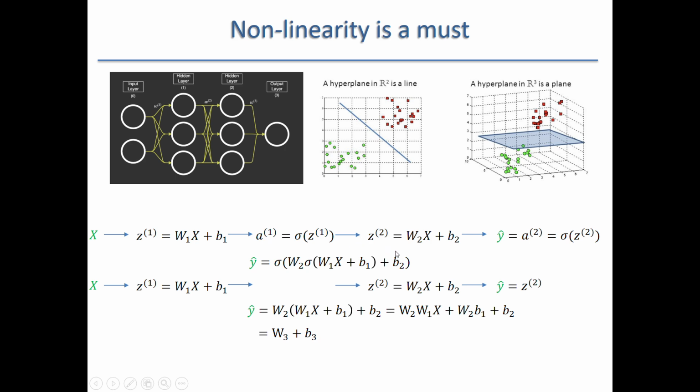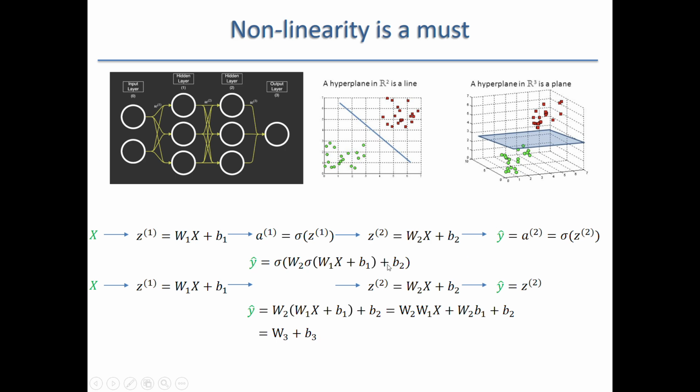The next layer takes this output as its input, but in general it is doing the same operation. You multiply by the matrix, then you add the bias, and then you go through the non-linear function. This is the output of the second layer, and because we only have two layers, this will be your output.